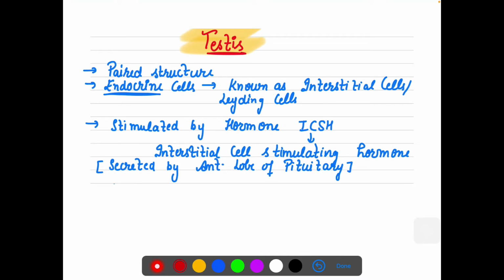Testis, the second last endocrine gland. It is definitely a paired structure, and it is the main structure of the male reproductive system.